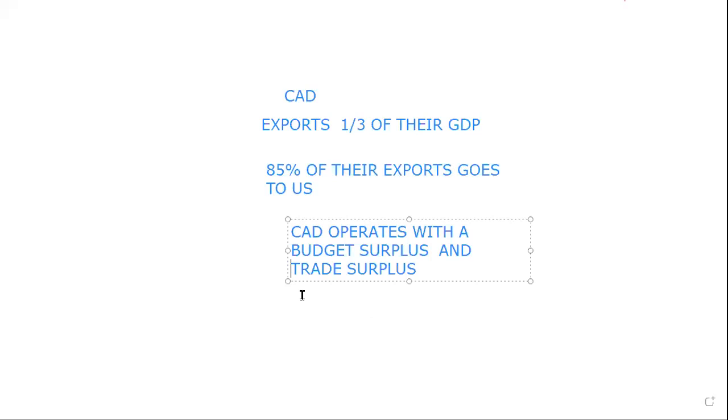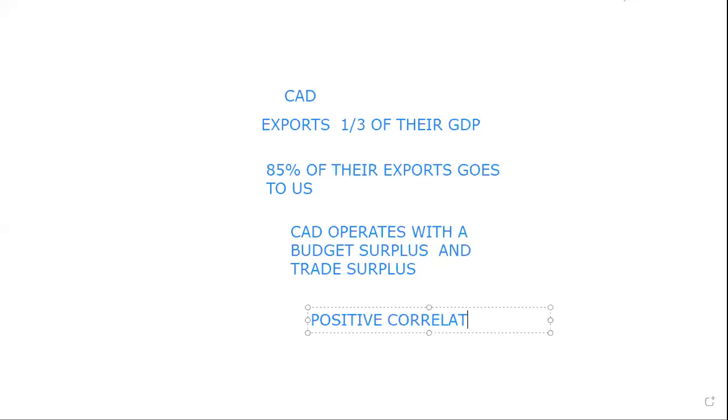Again, one major thing is that the Canadian dollar, or Canada itself, has a positive correlation with oil. Yes, the Canadian dollar has a positive correlation with oil.